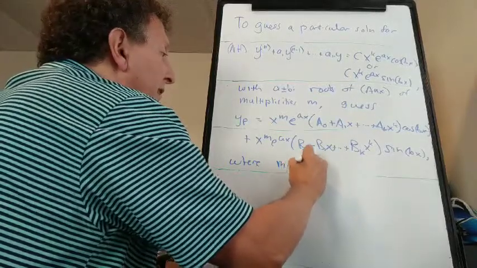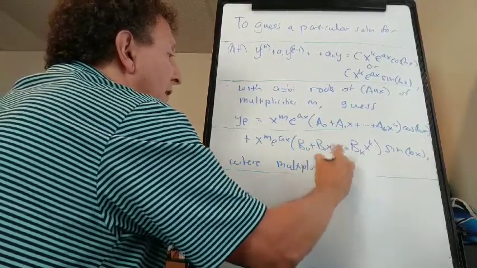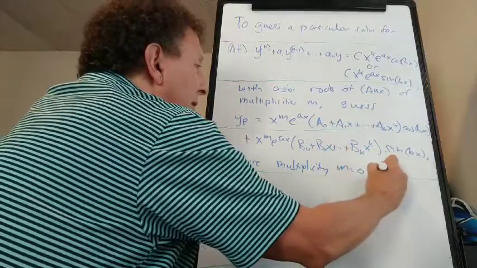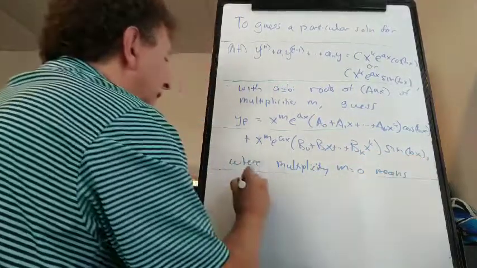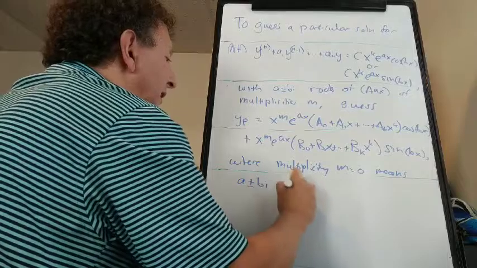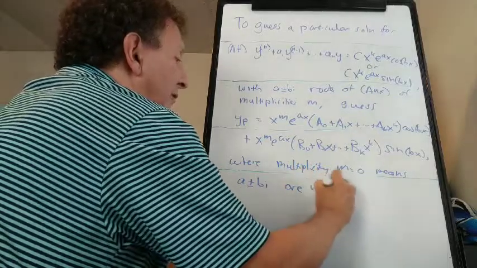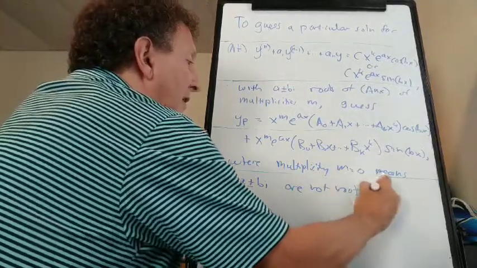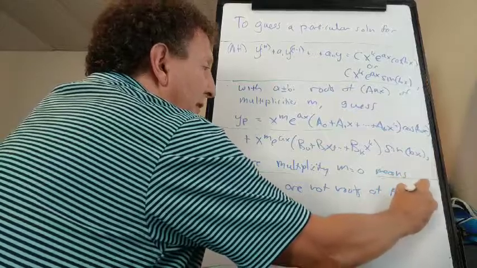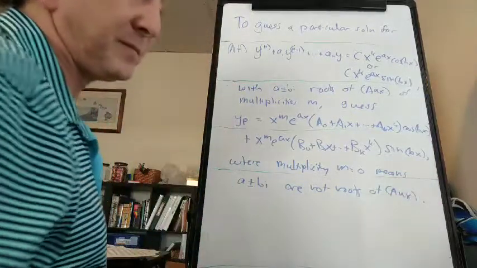Where multiplicity m equals 0 means a plus and minus bi are not roots of the auxiliary equation.